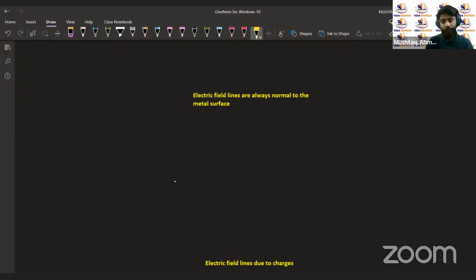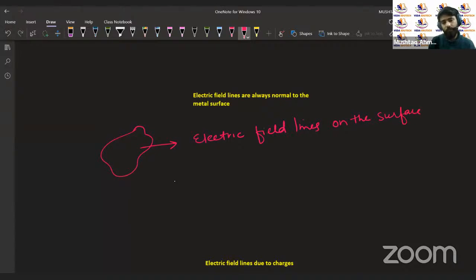So we can say that electric field lines on the surface of a metal are perpendicular to the surface.